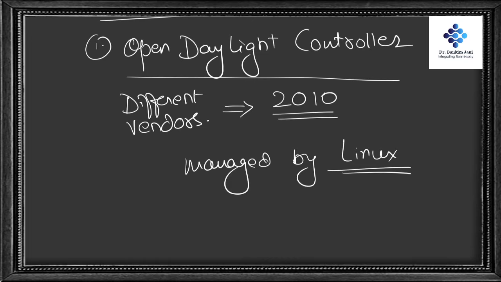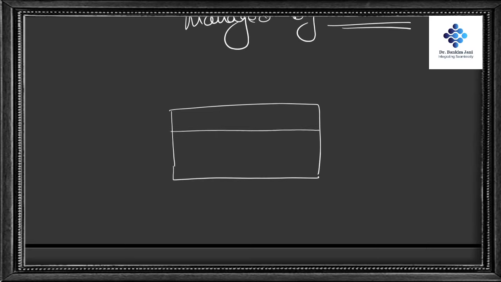So what is it really doing? Now we'll be adding some more points to this. We said that this is our controller, right? In that controller, there is a core function which is running, and we have a northbound interface and a southbound interface.